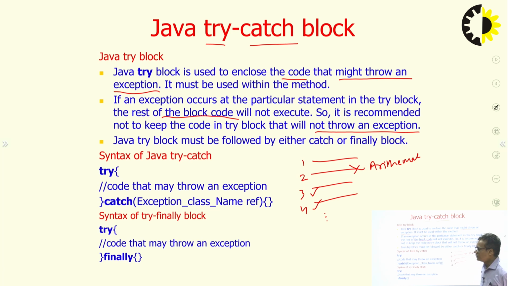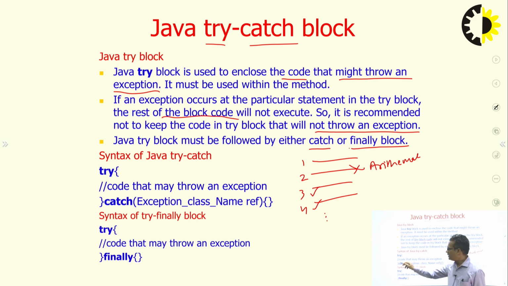So only that code which may throw an exception will be in the try block. A Java try block must be followed by either a catch or a finally block. So there are two options after try, catch and finally.